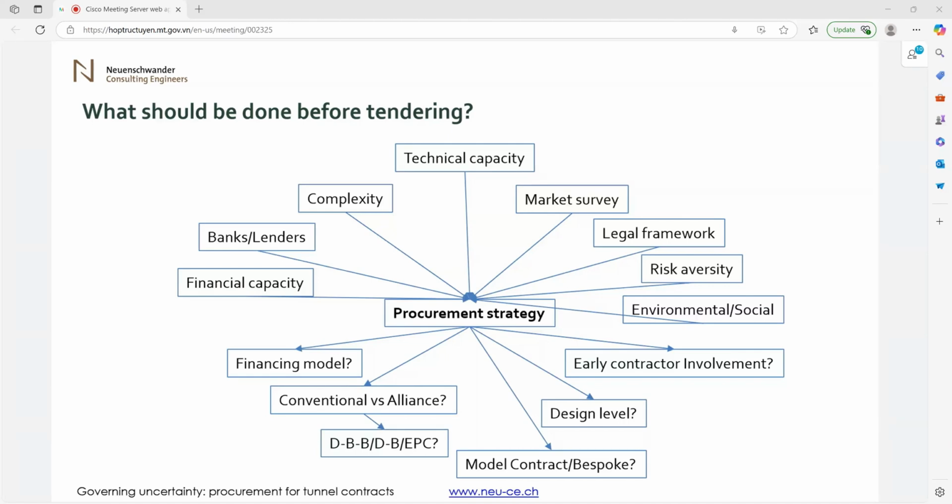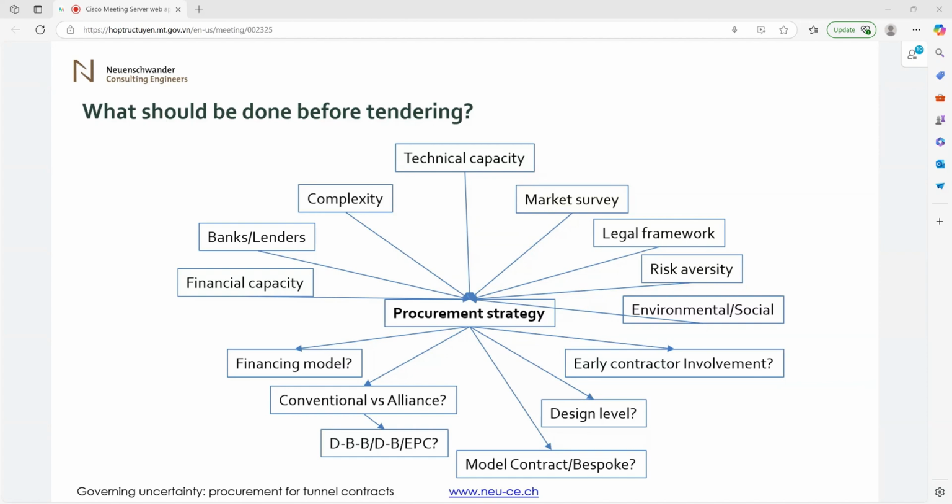We do have a guide to the FIDIC Emerald Book. We have the ITA Contractual Framework Checklist for Subsurface Construction Contracts, which I would recommend, and also a Code of Practice for Risk Management in Tunnel Works, done by the ITA together with the tunnel insurers.